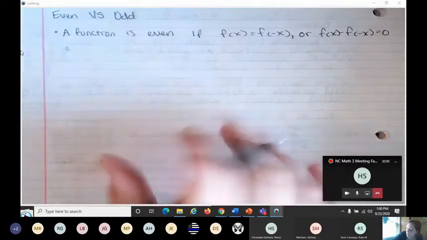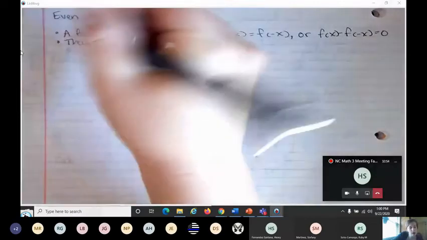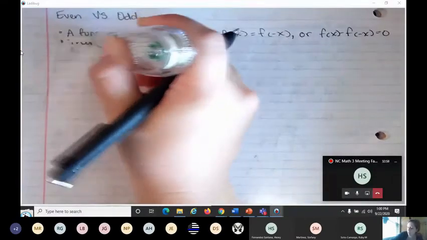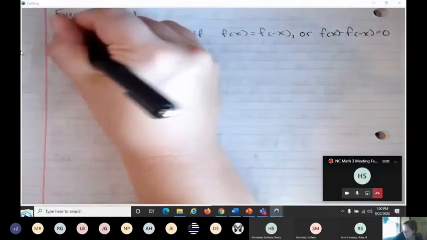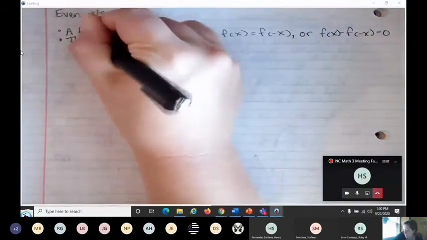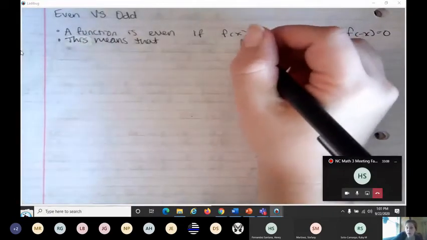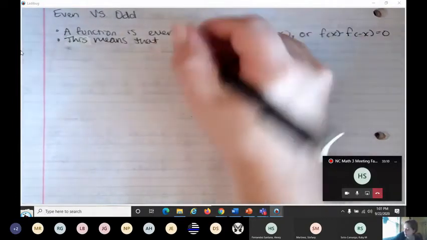What this really means is that the function is symmetric about the y-axis.